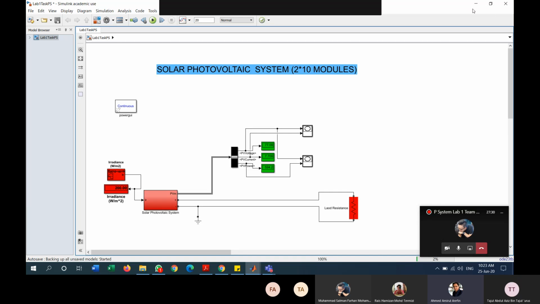So if anyone runs the simulation, then we can see the plots. Try to simulate it because we have a rubric part where you need to do some tasks.